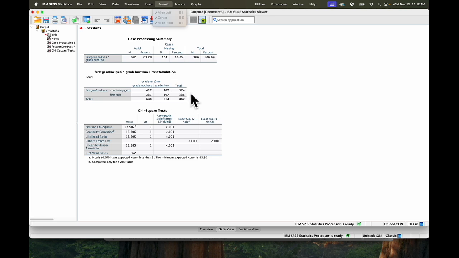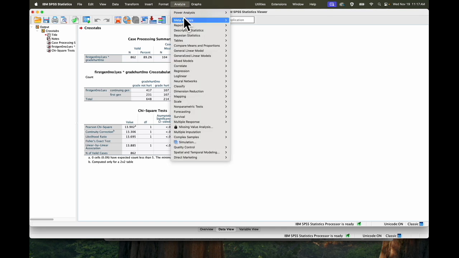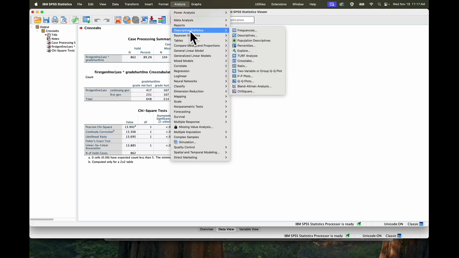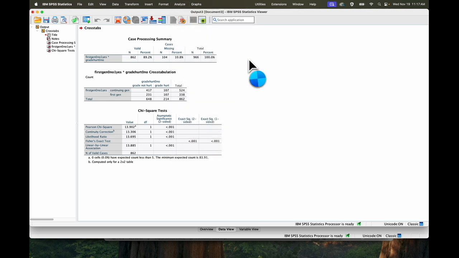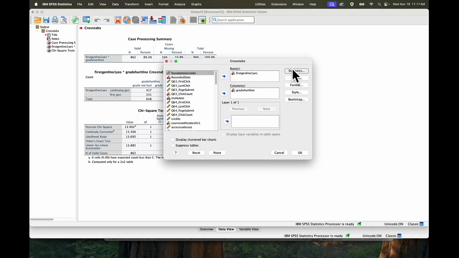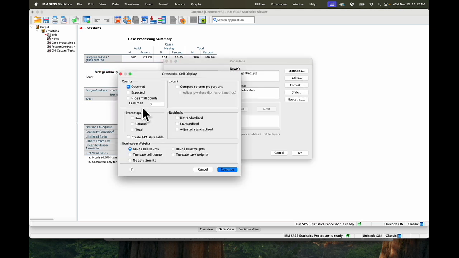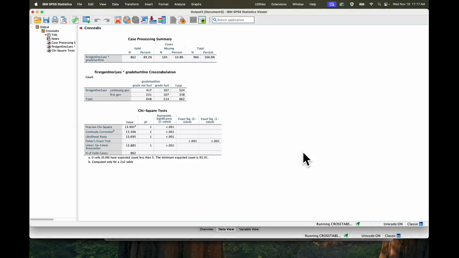So we're interested in these rows and how this distribution is different for first generation students. So we're going to go to Analyze, Descriptive Statistics, Crosstabs, and we already have our chi-square checked. Then we go to Cells, and where it says Percentages, we'll click on Row, click OK.